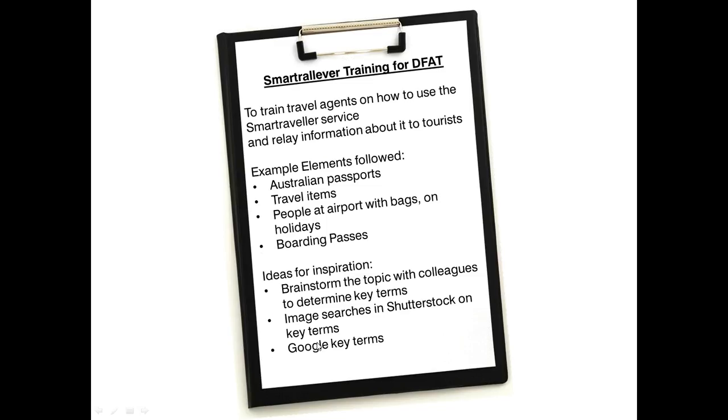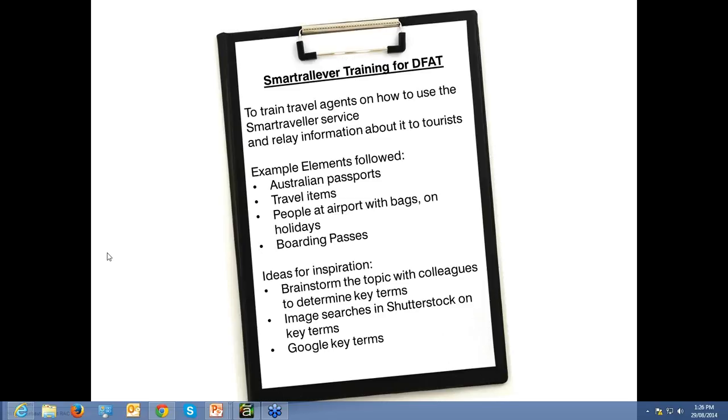The next one, we're all probably familiar with the Smart Traveller website. They had a brief to create a course for the Smart Traveller training. If you're not familiar with Smart Traveller, it's basically what you need to know before you go away on holidays and in case something happens to you. The elements we were looking for were things like passports, travel items, airport, boarding passes.